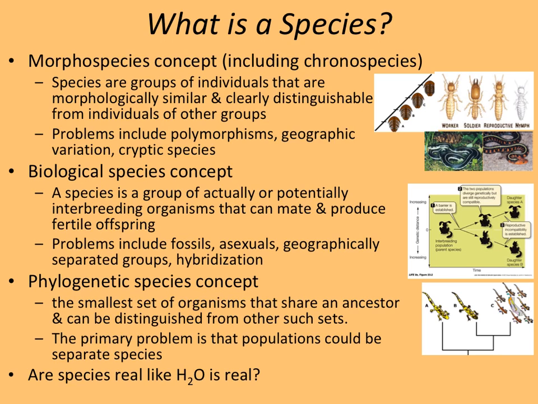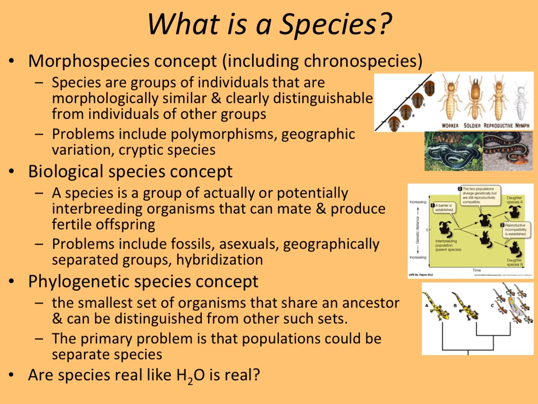The biological species concept. A species is a group of actually or potentially interbreeding organisms that can mate and produce fertile offspring. Okay? So viable offspring and fertile, that means they're not sterile, they're not like a mule or something. With the biological species concept, we don't know with fossils whether they are actually breeding or not.